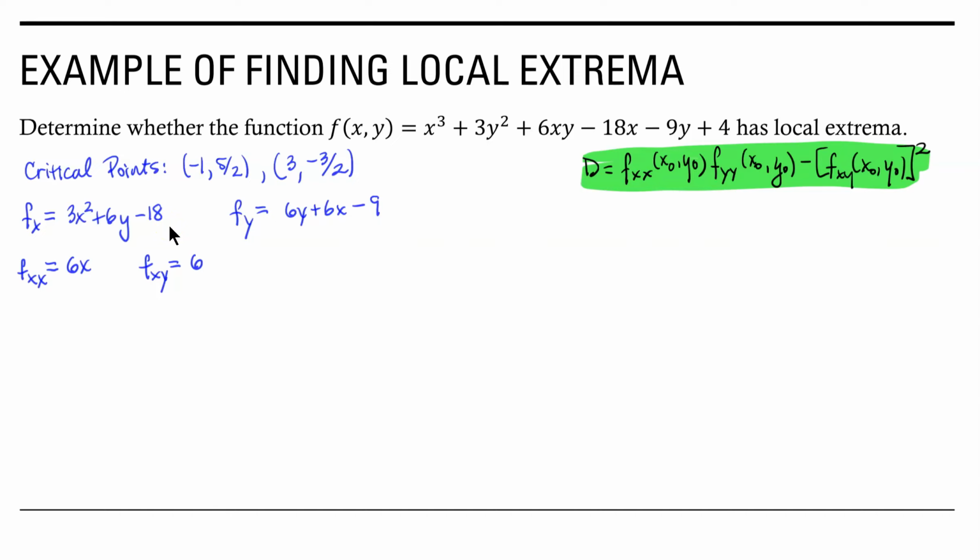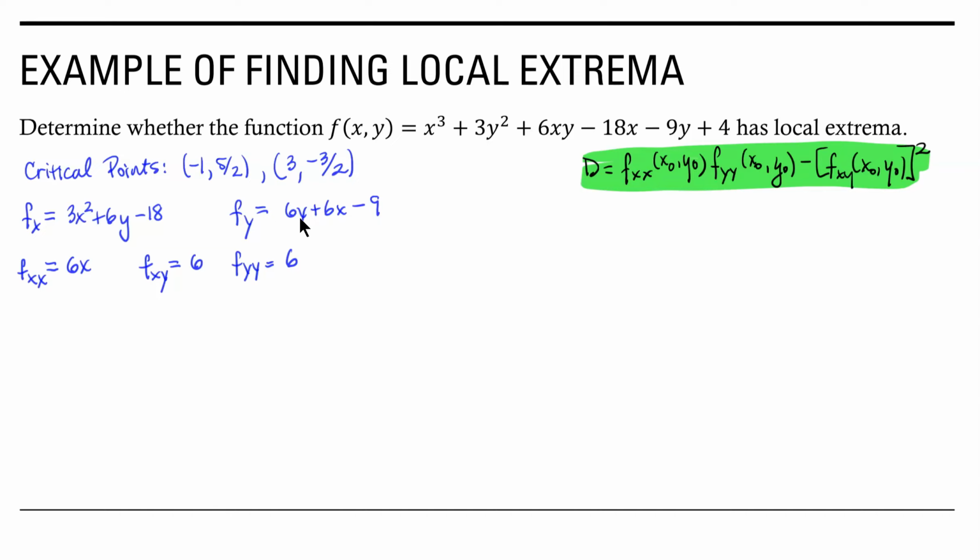And then I also need f sub yy, the partial derivative of f with respect to y both times. That's going to give me a 6 from the first term, and that's the only term that contains a y, so the other two terms have partial derivatives of 0 when taken with respect to y.